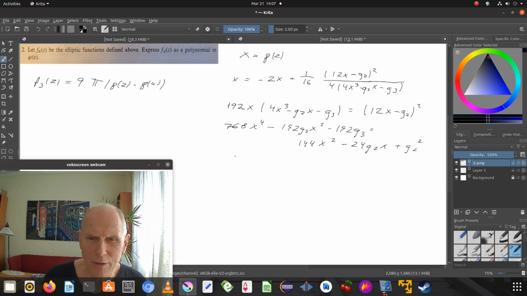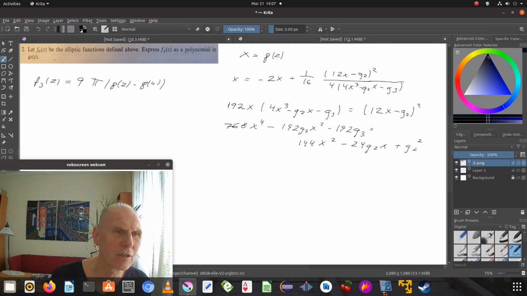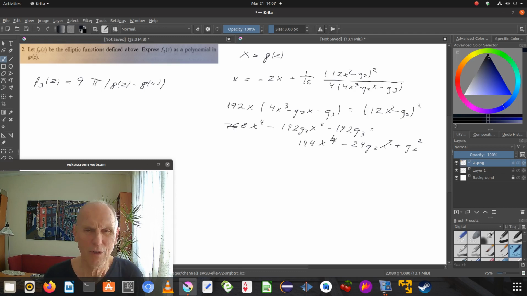So we collect on the left side. Wasn't this 12x squared? It's 12x squared. There we go. So 768 minus 144, that's 624.